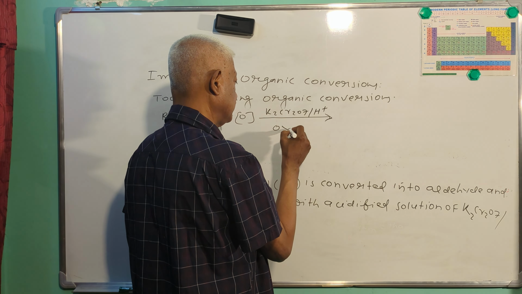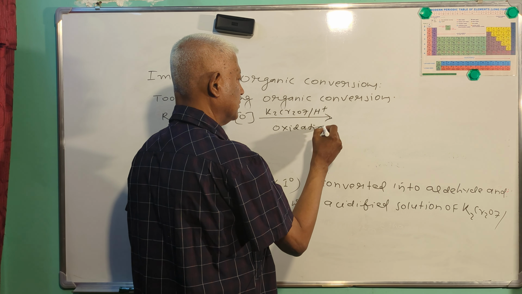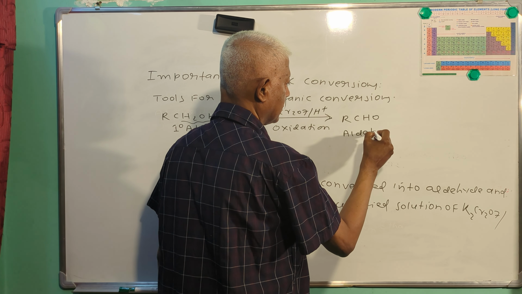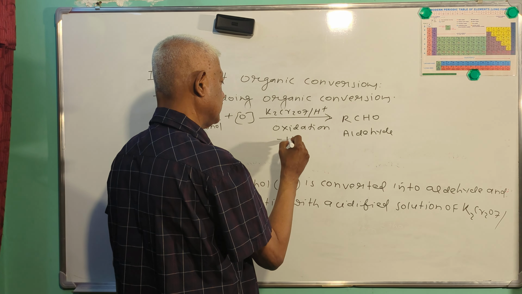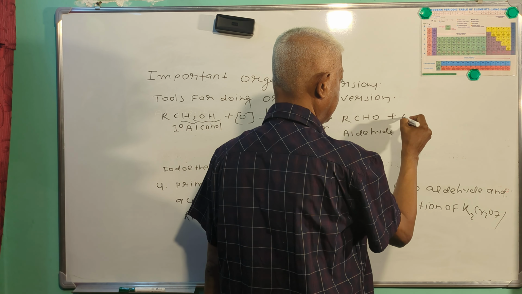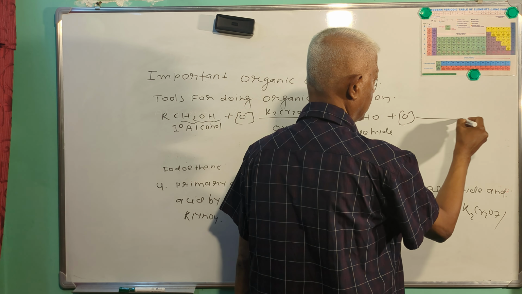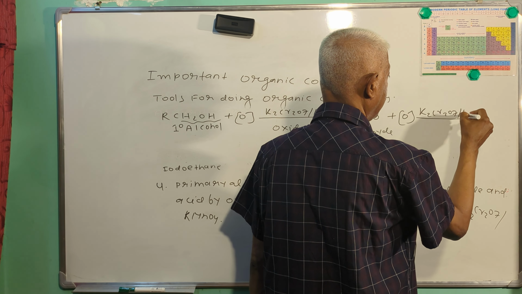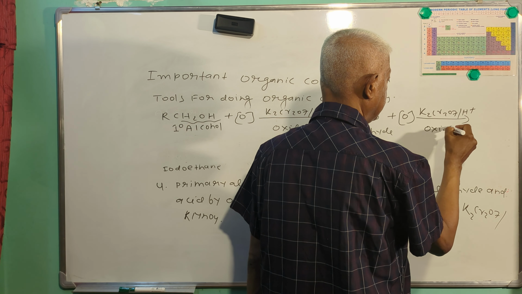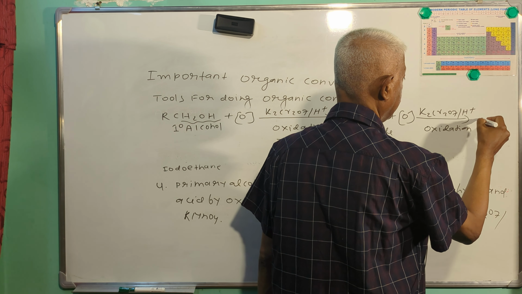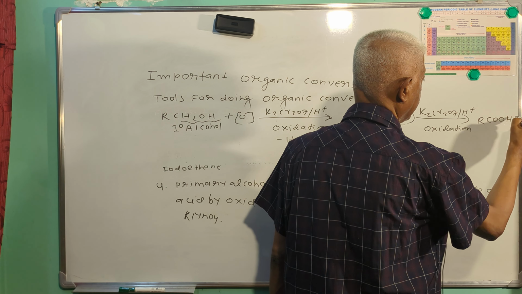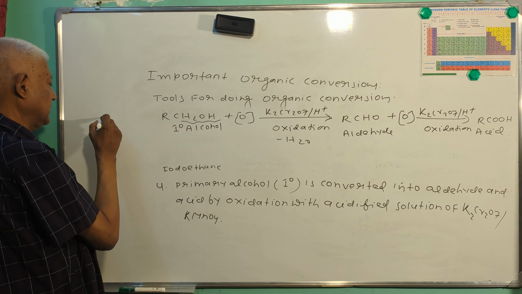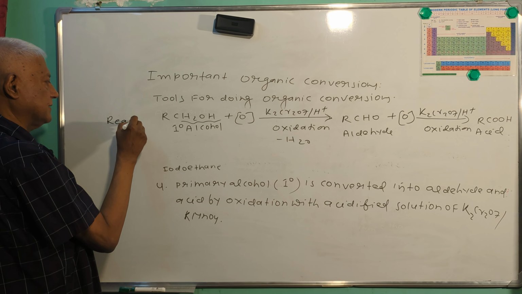The process is oxidation. At first we get aldehyde, and the side product is water. That aldehyde is again further oxidized with the same reagent, K2Cr2O7 plus H plus, oxidation. So we get RCOOH, that is known as acid. That is the general reaction.